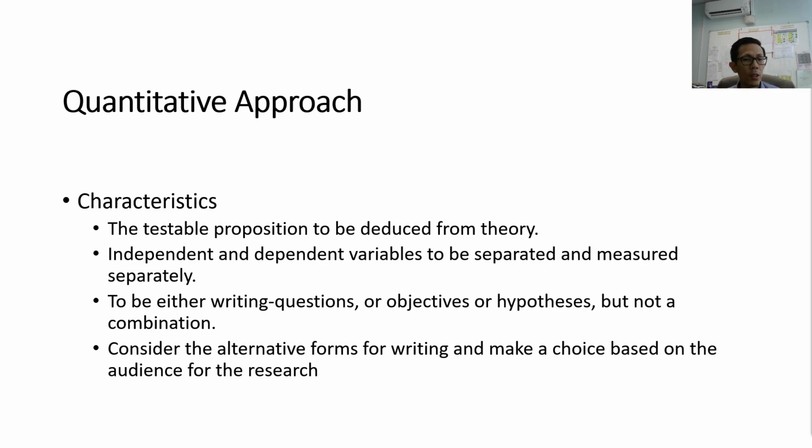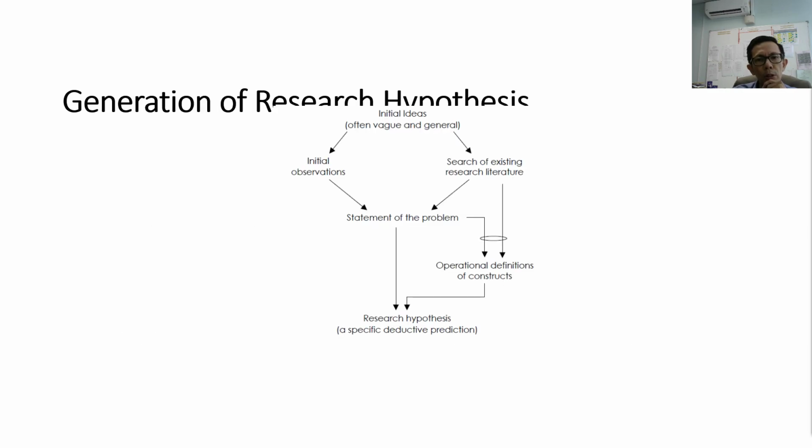So you need to understand what are the independent and what are the dependent variables. You write either questions, objectives or hypotheses, but not combinations. And consider the alternative forms for writing and make a choice based on the audience for research. So that's basically the characteristics of the quantitative approach.